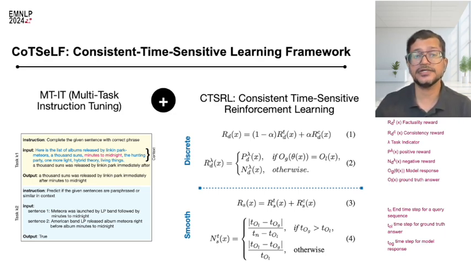If it is farther away from the correct answer, we have to penalize the model more than for an answer which is closer or nearby to the correct answer. So we have this smooth variant of CDSRL which penalizes the model based on the relative distance of the incorrect answer from the correct answer on the temporal axis.